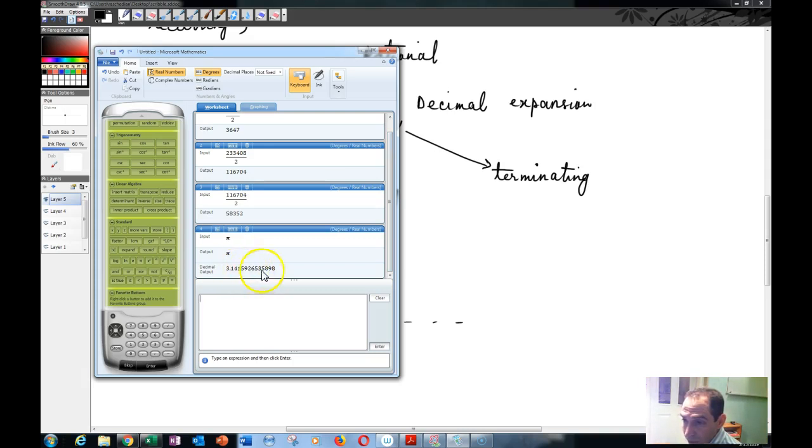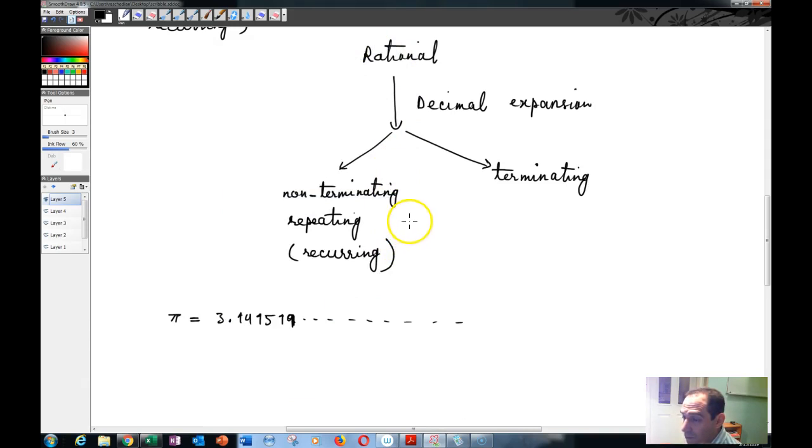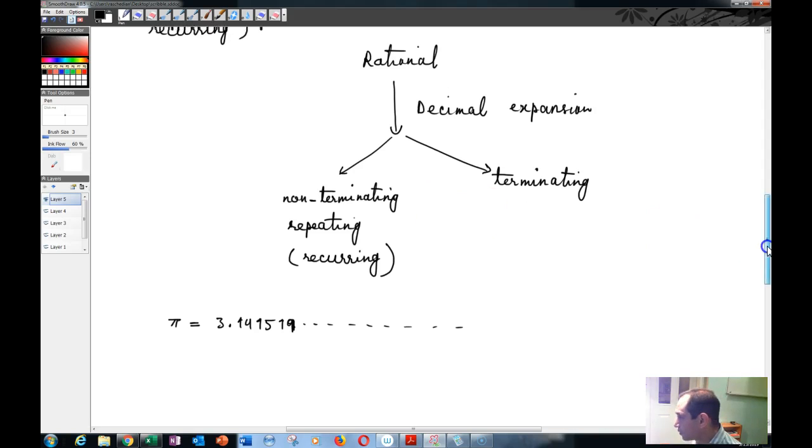But the point here is that you cannot find any sort of patterns over here, and it just keeps going and never terminates. That's all about irrational numbers. And that's basically that. Okay.